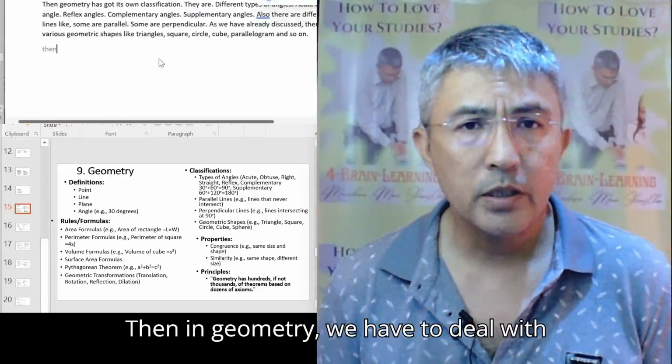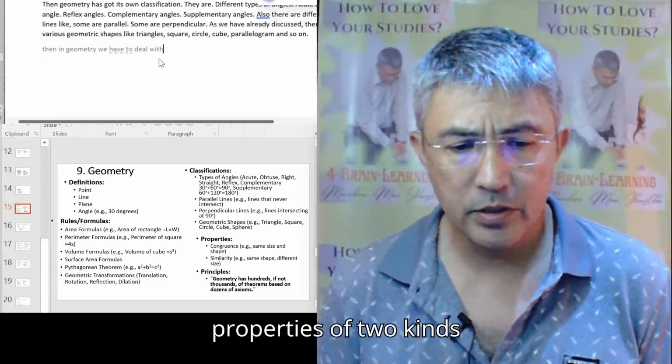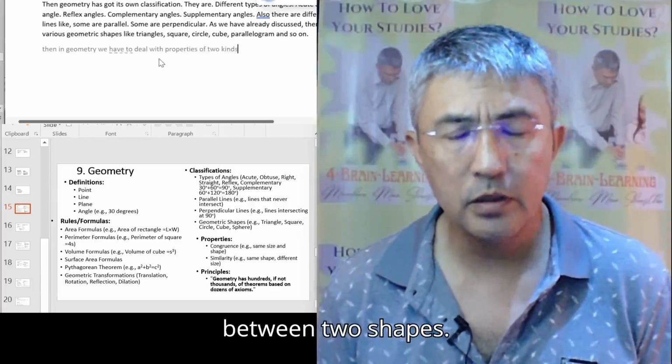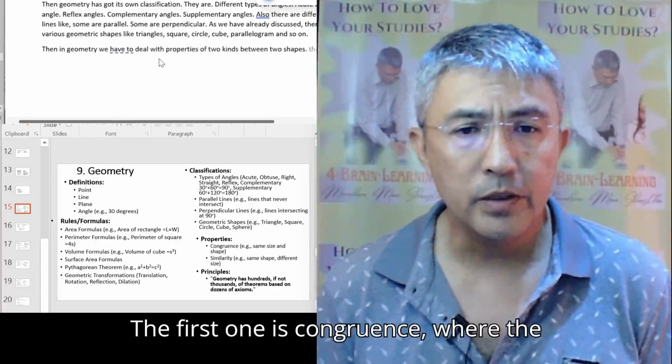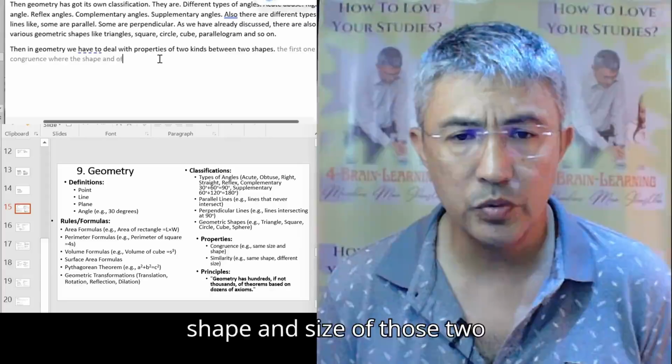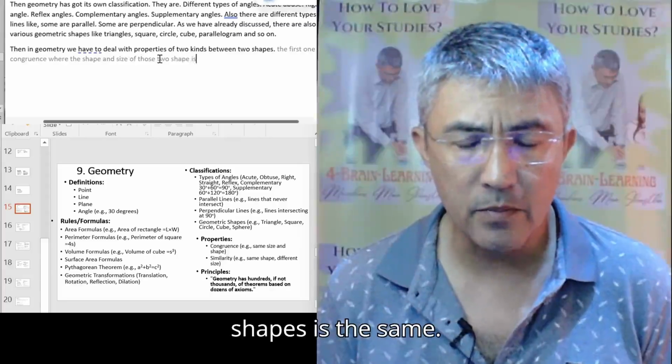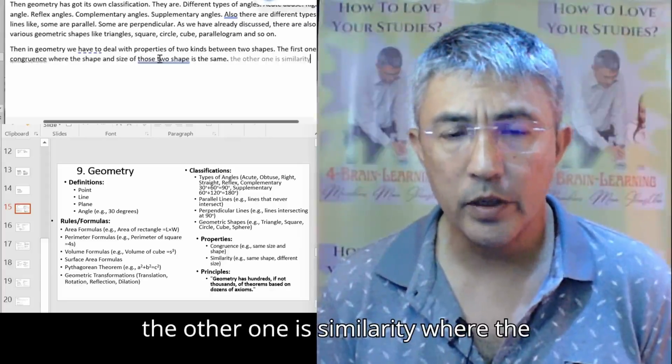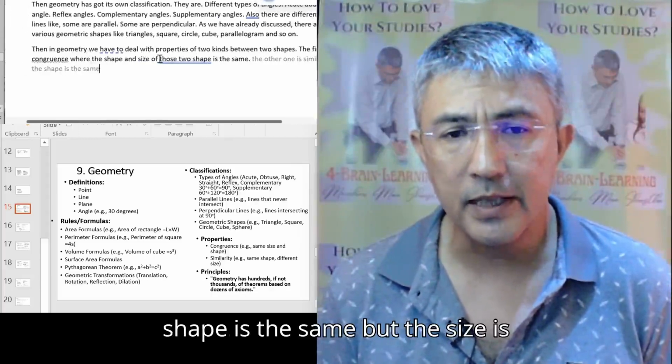Then in geometry, we have to deal with properties of 2 kinds between 2 shapes. The first one is congruence, where the shape and size of those 2 shapes is the same. The other one is similarity, where the shape is the same but the size is different.